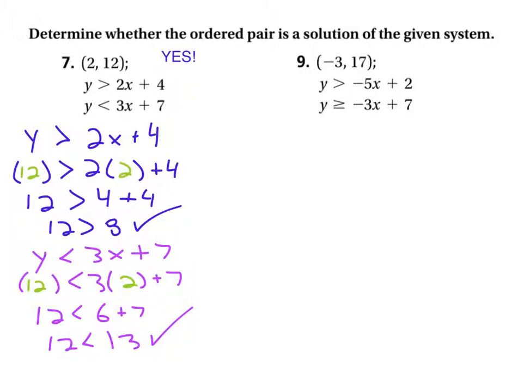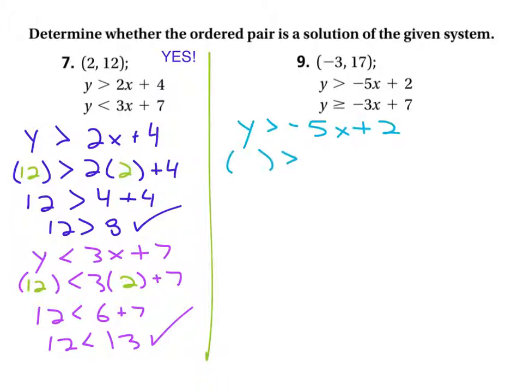Okay, and we're going to do that again. So dividing line here. We'll write the first of the two inequalities. y is greater than negative 5x plus 2.